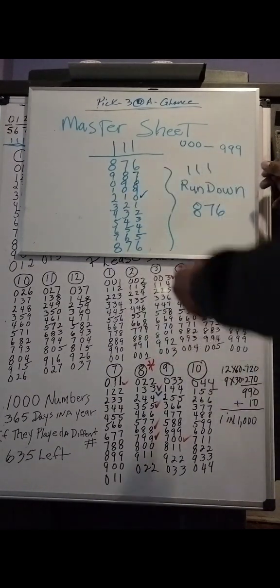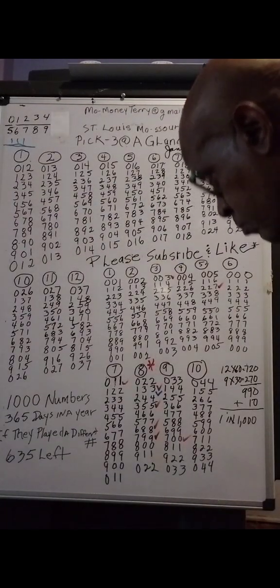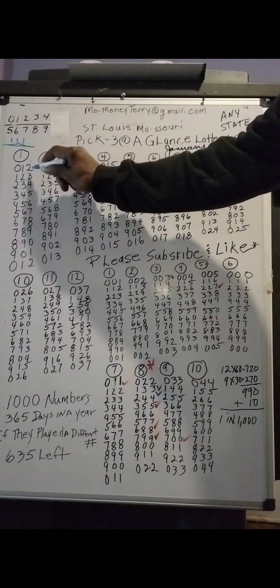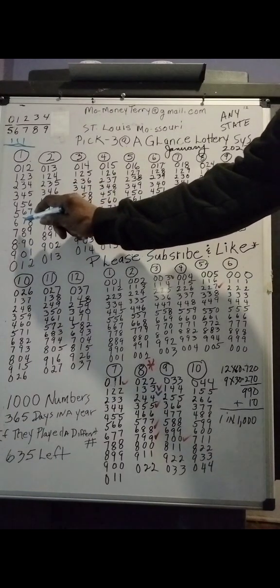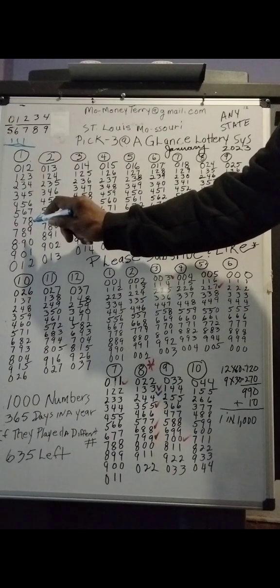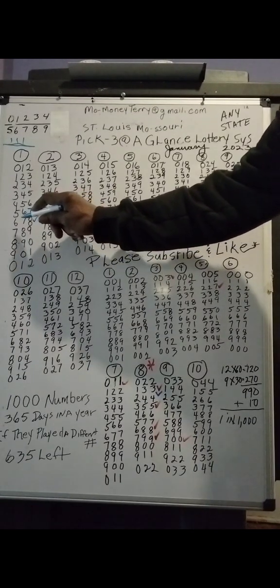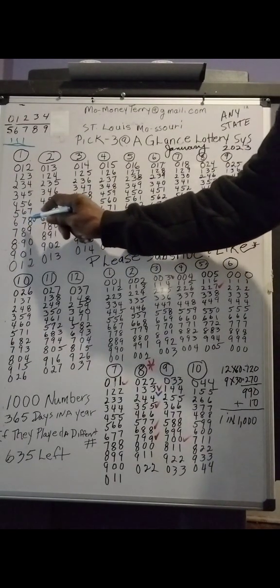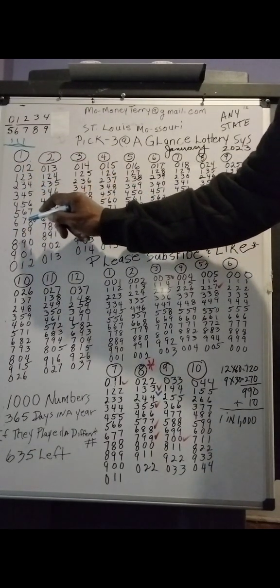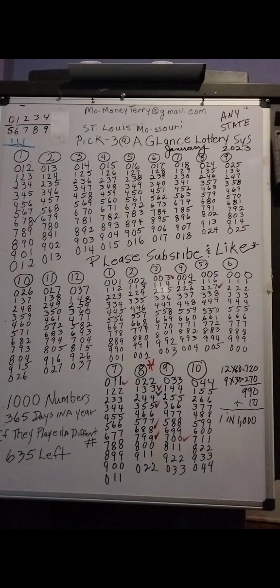It's 012. You're going to go to column 1, find the 012, and when you go down column 1, there's your 678. Same number. Remember, these can come 6 different ways. It's the same number, but in a different formation. 678 is just one of the 6 different ways that the number can come in.